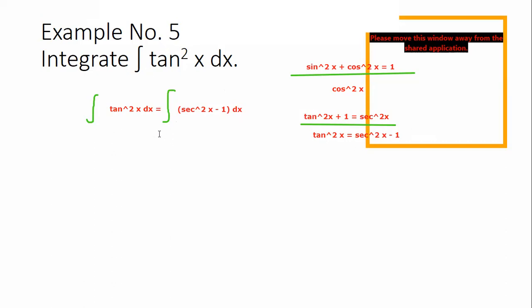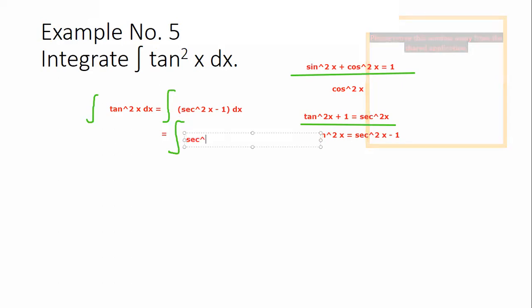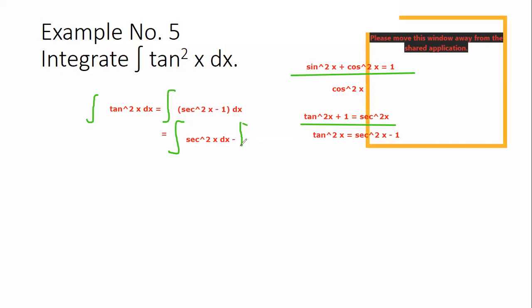Using the distributive property, this will be the integral of secant squared x dx, minus the integral of dx.